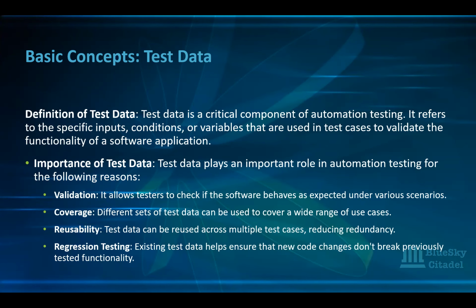Okay, so I also want to explain the concept of test data. Manually, when you're testing, you use test data. So when you're writing your automation test as well, you would still need to use your test data. Your test data is critical when you're automating tests.